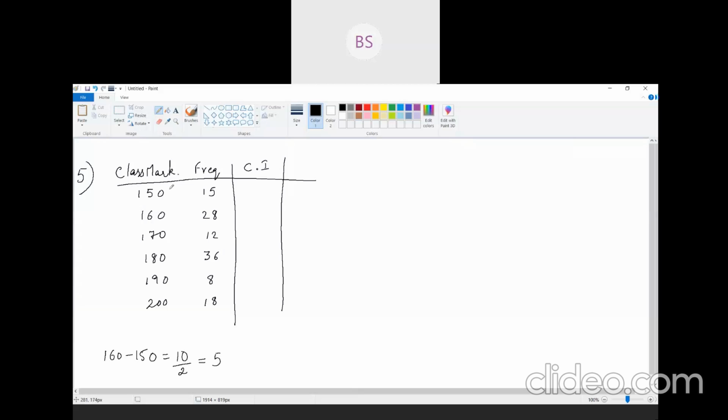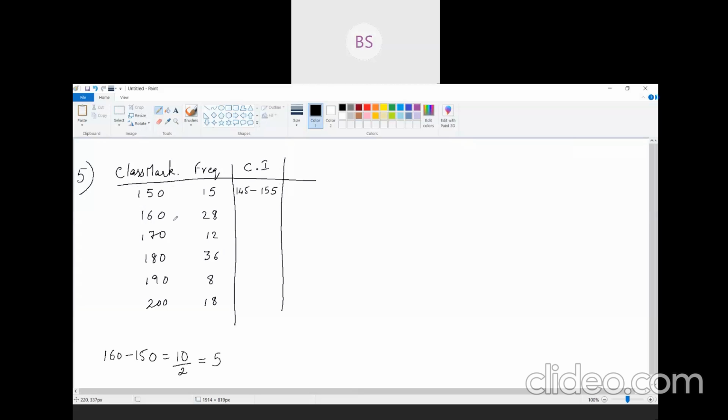So we get 150 minus 5 will be 145, and 150 plus 5 will give you 155. So this is how we find out the upper and lower limit. Similarly, you have to do it for each and every class mark.